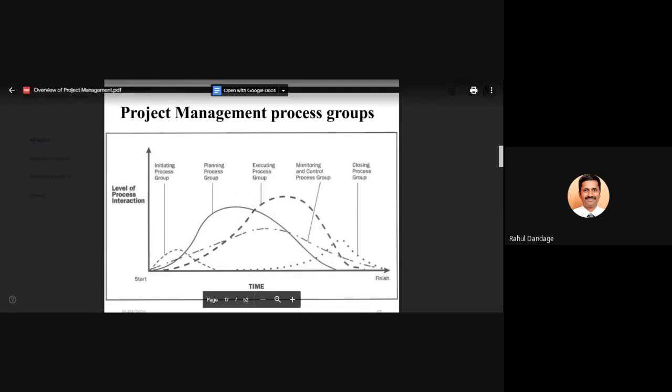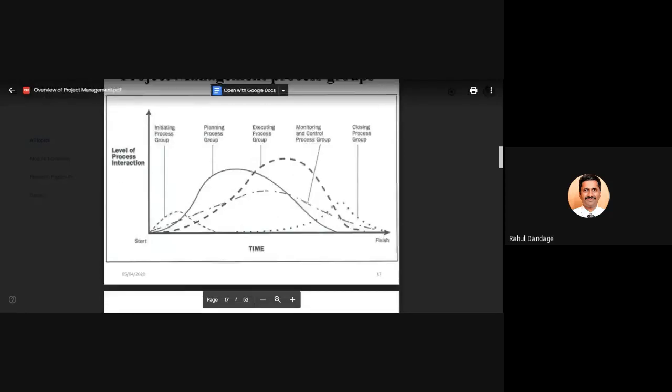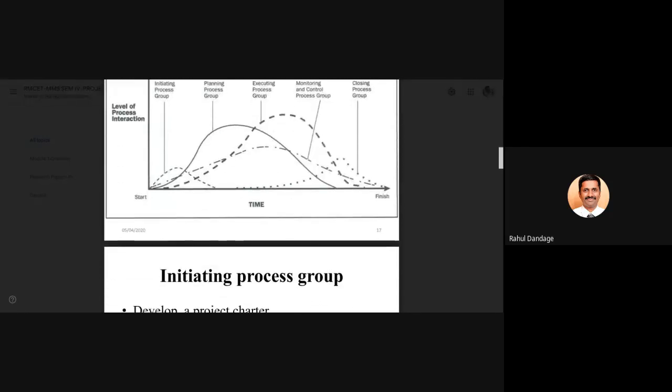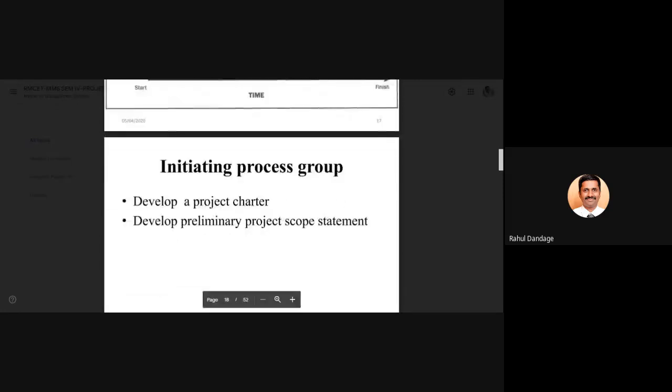So the PMI, Project Management Institute, has defined five process groups: initiating process group, planning process group, executing process group, monitoring and control process group, and closing process group. Now, let us try to understand in each process group which processes have been grouped together.